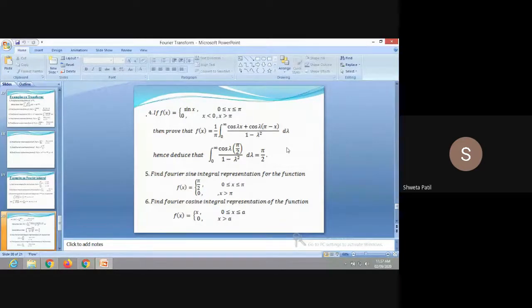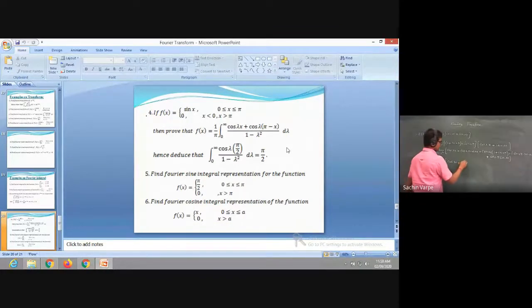So cos of lambda x plus cos of lambda pi, A plus B or A minus B? What do you think? I think A minus B, na? Cos of A minus B will be cos A cos B plus sin A sin B. Is it correct? Please check.